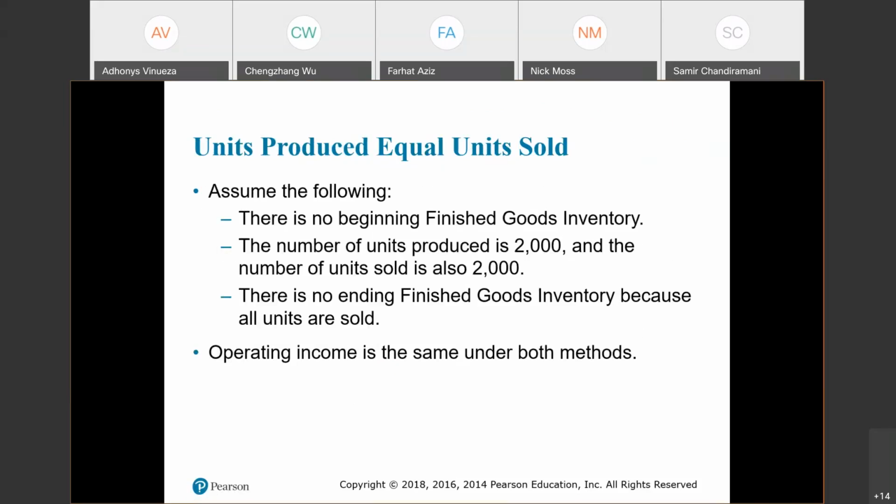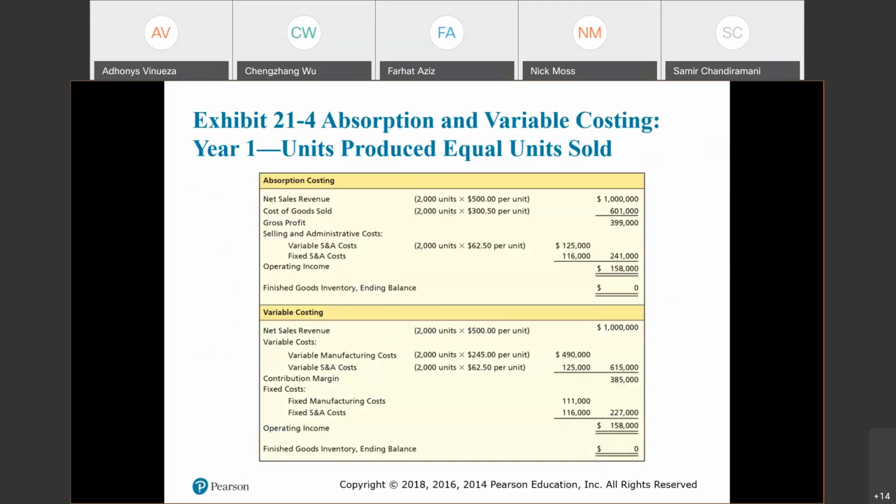Second, the number of units sold is 2,000, which is equal to the number of units produced, which is also 2,000. And lastly, we assume there's no ending finished goods inventory because all the units are sold. Okay, let's take a look.